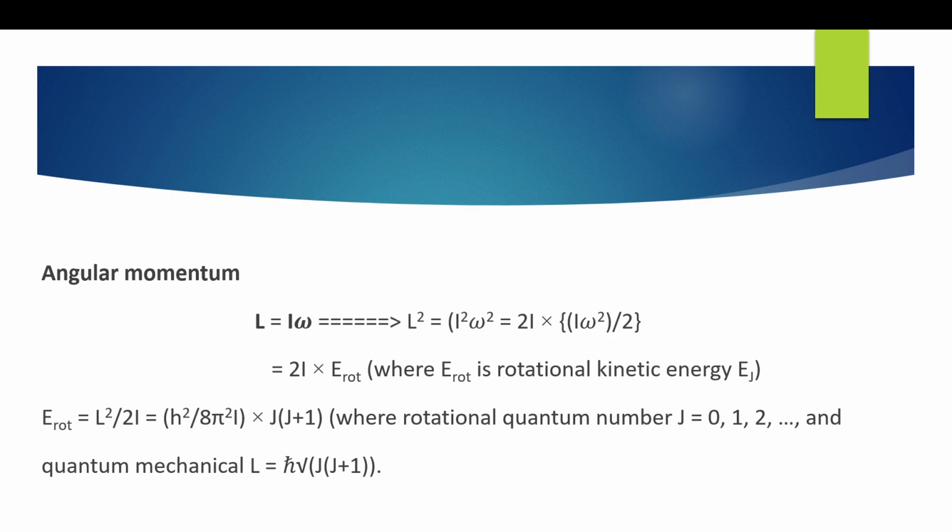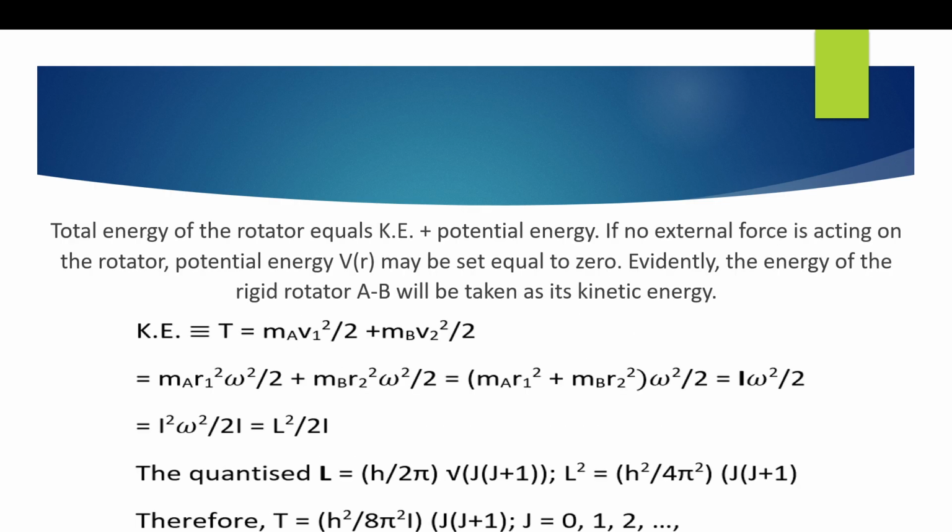On squaring, it becomes h square upon 4 pi square J into J plus 1. It means the kinetic energy is taken as total energy because if no external force is acting on the rotor, the potential energy term is 0.